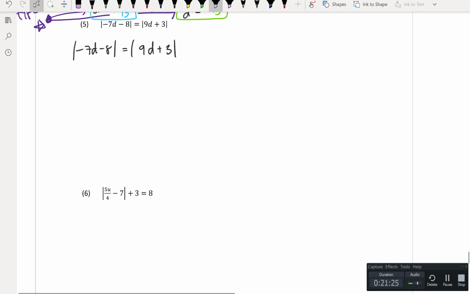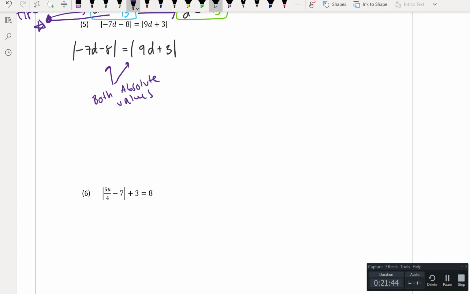From here, these are both absolute values. So if these are both absolute values, then what you're going to do is split them up to the positive and the negative of it.